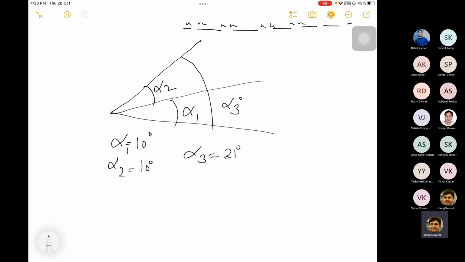You have three angles, alpha 1, alpha 2, alpha 3. Alpha 1 is 10 degree, alpha 2 is 10 degree, and alpha 3, which is measured, is 21 degree.